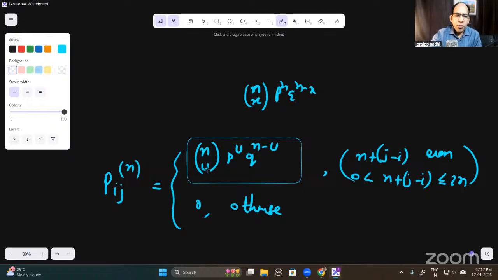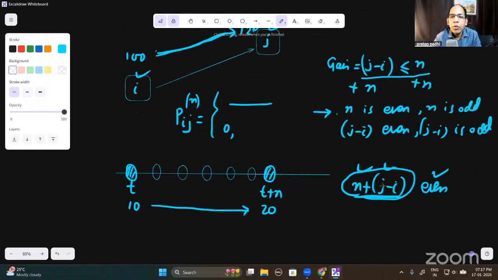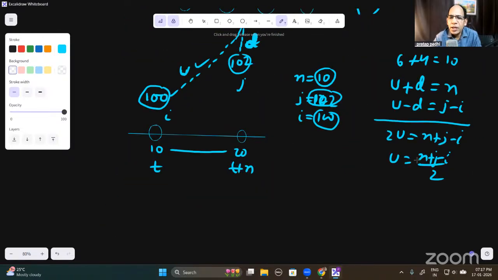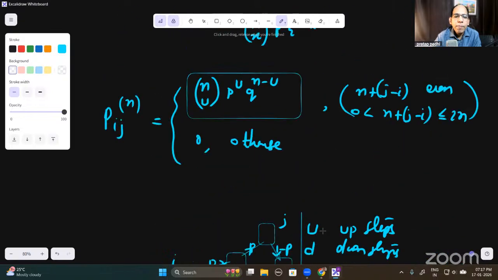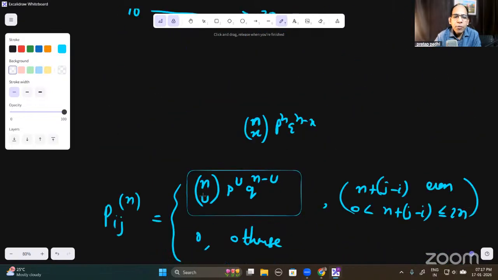You know how many up steps and how many down steps from here. What is that u? We found u is n plus j minus i by 2. n is given, i and j are given, right? Suppose in our example, n was 10, j was 102, i was 100, divided by 2. So this is 2, 6, u is 6. I got u 6, d 4, n 10. So we find the probability. You put everything here and you find the probability. What is the probability that you will go from i to j in n steps? Okay.